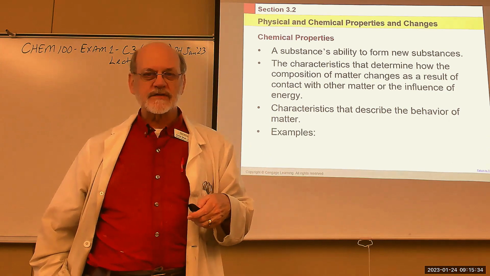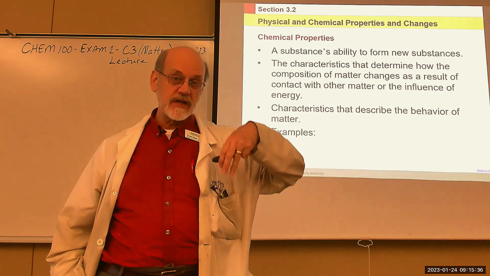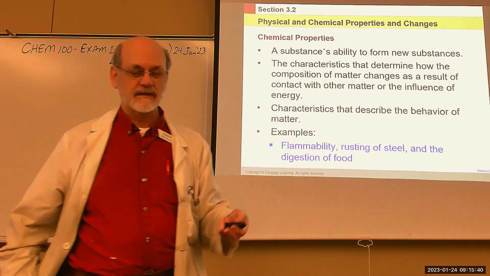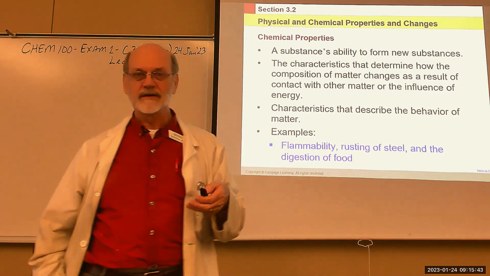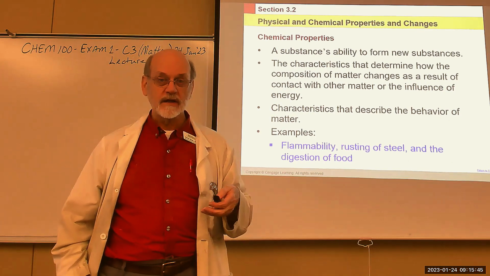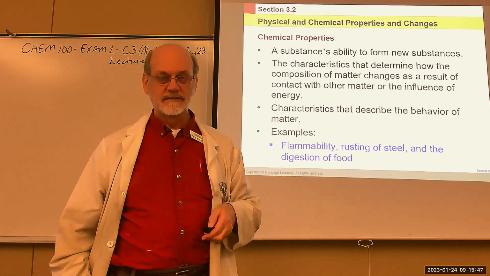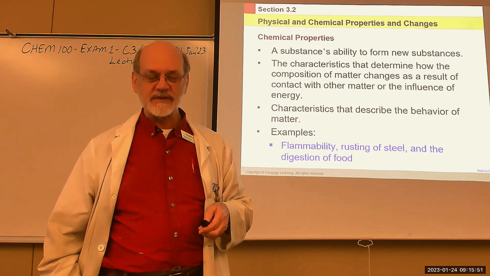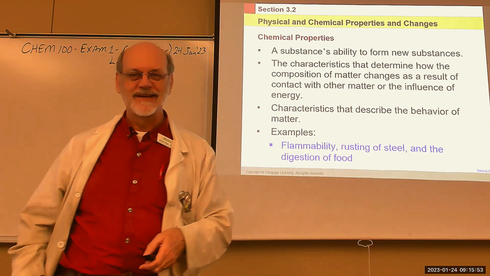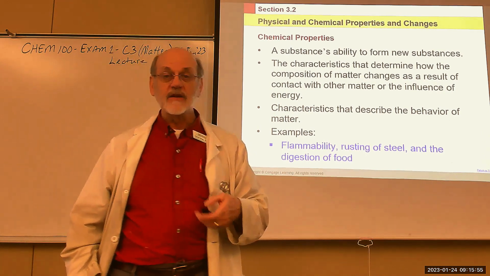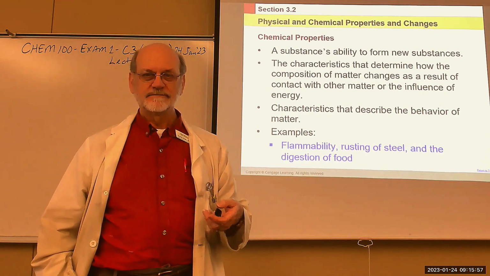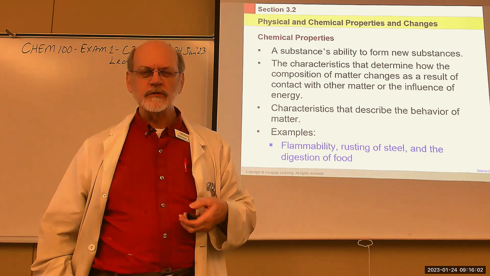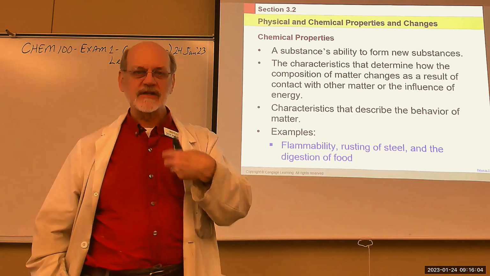Other characteristics that describe a change in identity might be flammability. Right? Gasoline in the tank of your car is flammable. Hopefully, you don't experience that except inside the engine. Steel will rust. That's a chemical property. The food that we eat is digested.